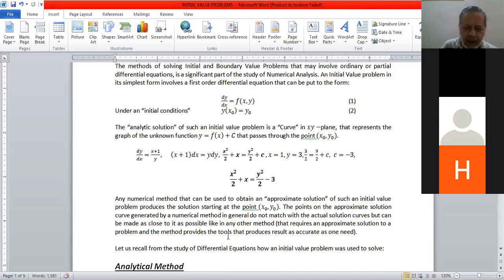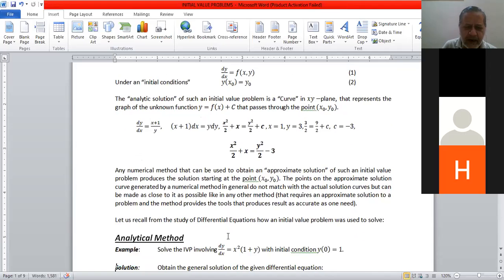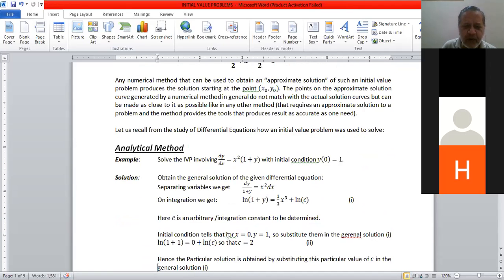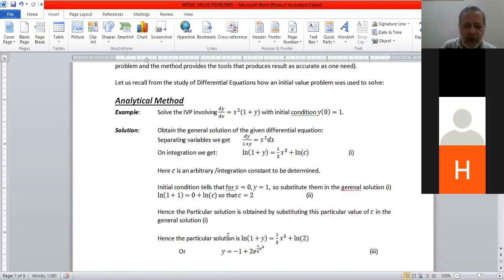So let us visit the analytical method for another problem, just to remind you what we used to do to solve an initial value problem. This differential equation, which is also variable separable, has an initial condition y at 0 is equal to 1.